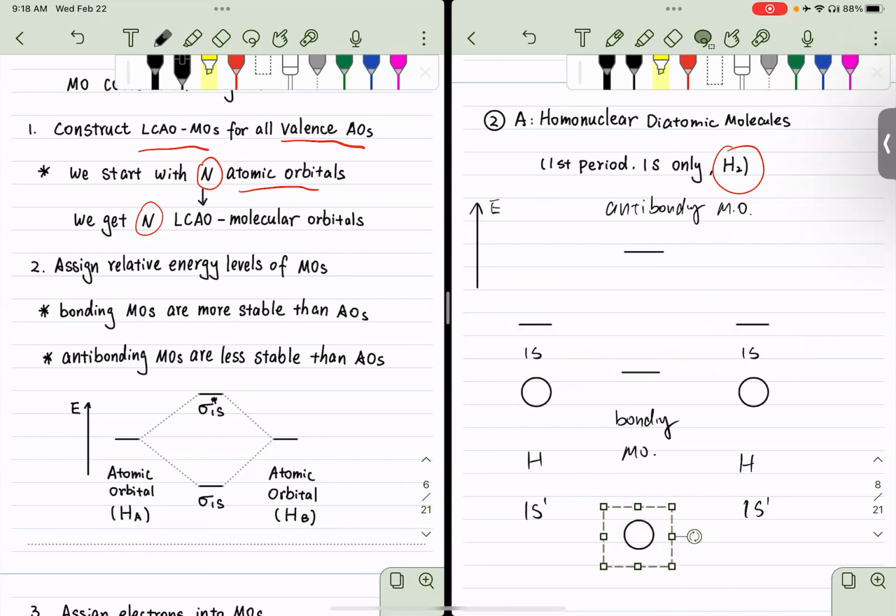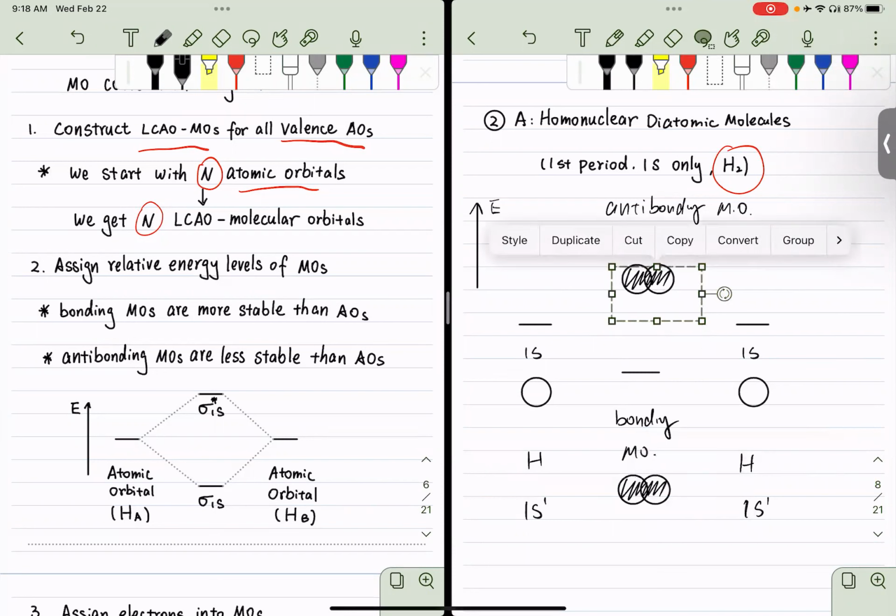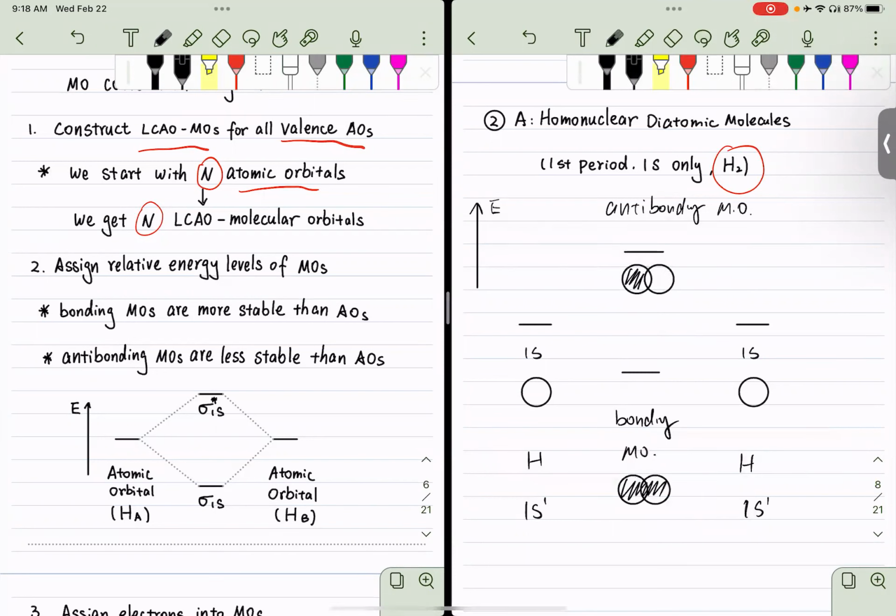Remember, in the bonding MO, we have the two s atomic orbitals interfering with each other in a constructive fashion. So they're both shaded. That's a bonding MO, which means you have electron density in between the two atoms. Alternatively, you could also have an anti-bonding MO, and that has a node plane. That's a result of destructive interference.